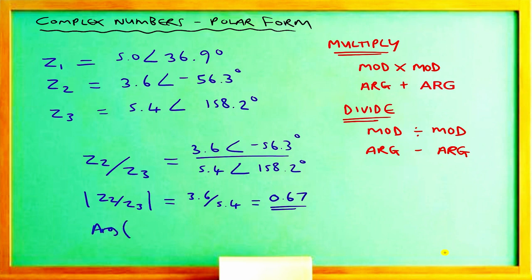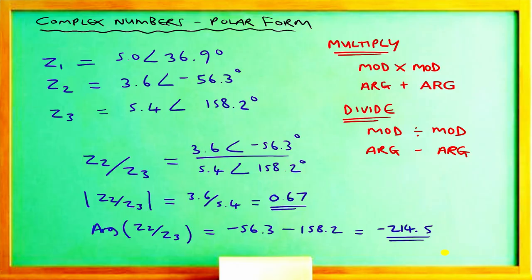So we can write the angle of z2 over z3 as the argument on top of the fraction, minus 56.3, minus the argument on the bottom, 158.2, giving us an answer of minus 214.5. That one is probably going to be better expressed as a positive.